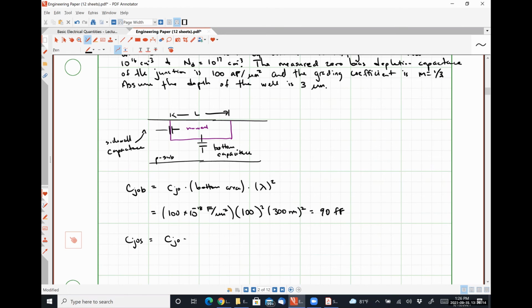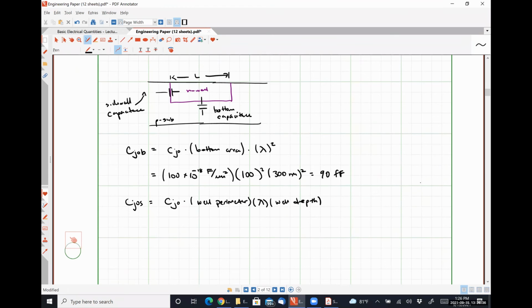So we're going to have CJ0 times the well perimeter times lambda times the well depth, which is going to be 100 times 10 to the minus 18 farads per micron squared.